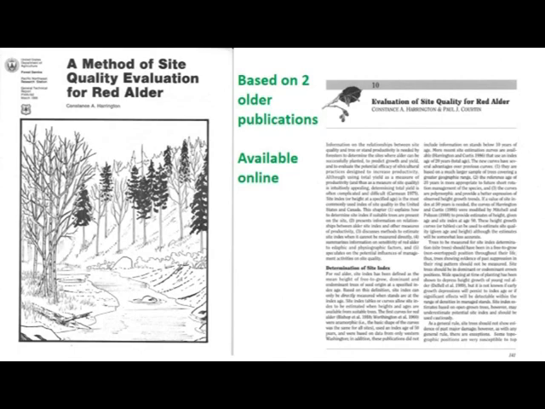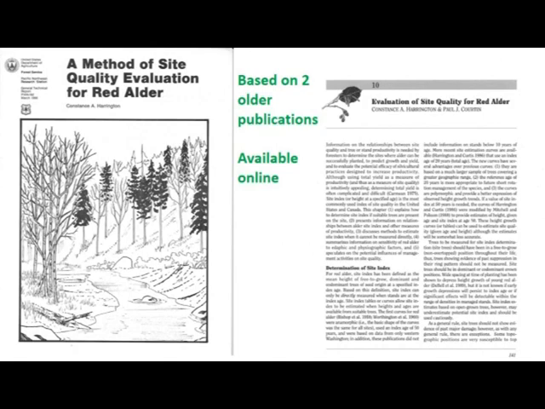That's another one for you to pass. And the other one, evaluation of site quality for alder, was in the book that's going around. But that particular paper is available online. But we can always print things out and mail them. So if you don't like to do things online, you can get your publications other ways.